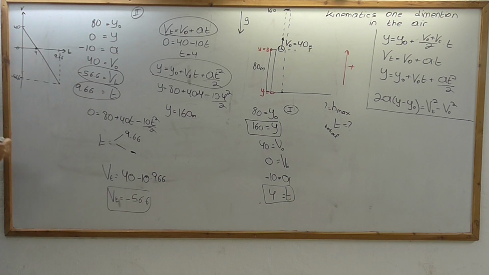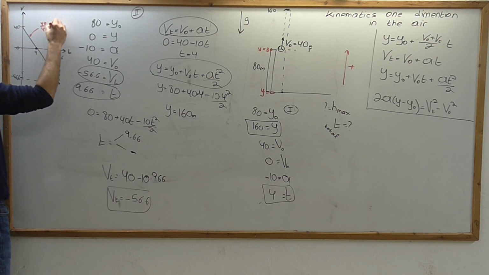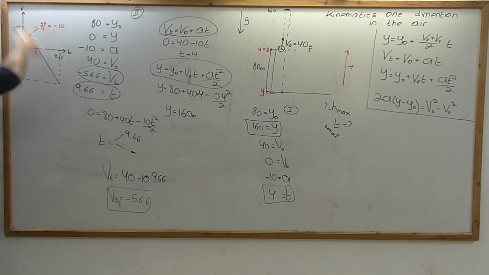It must be a straight line because the slope doesn't change. Even though the velocity changed from positive to negative, the acceleration is always negative. Let's see if it's okay. If I calculate the slope from this triangle, I'll get 40 over 4, which is minus 10, because it's going downwards.